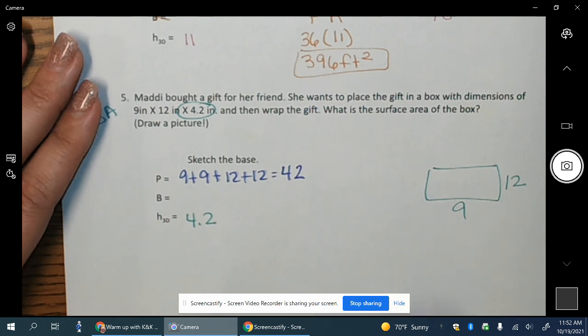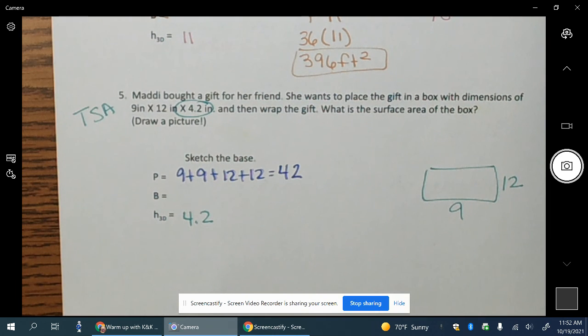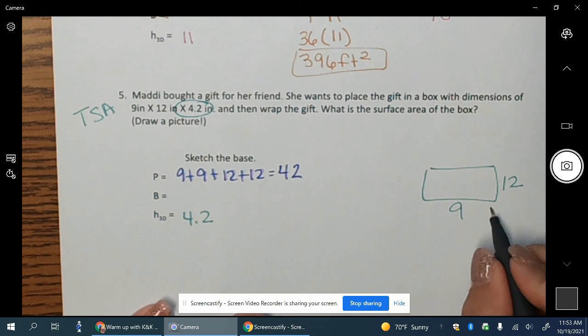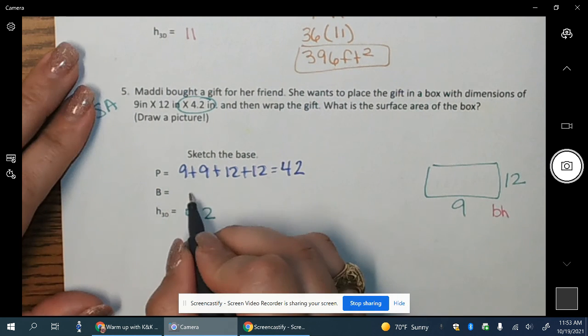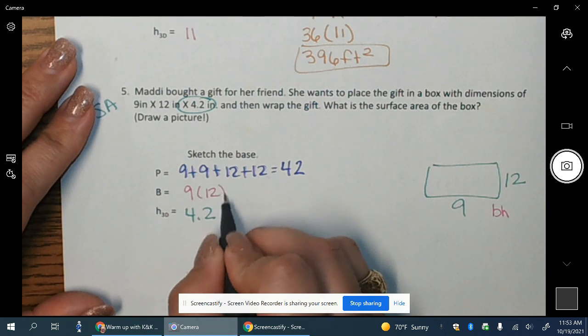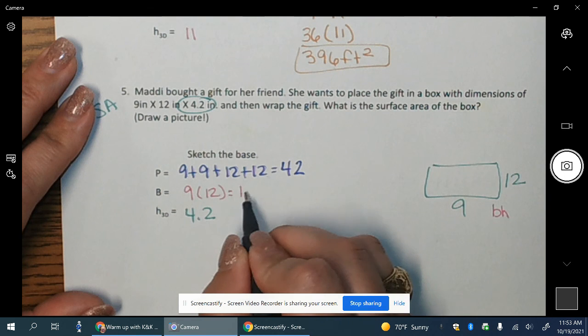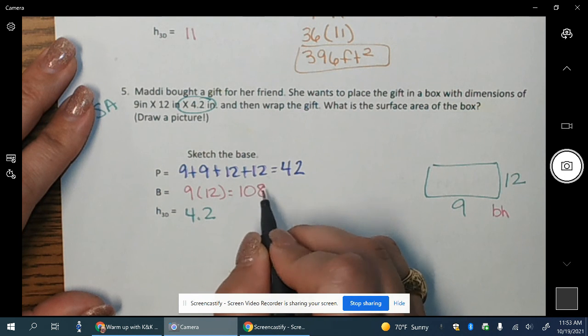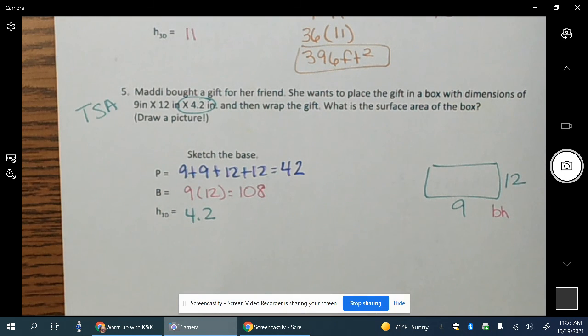Now I need big B. It's a rectangle. How do I get the area? Base times height. So 9 times 12, which is 108.